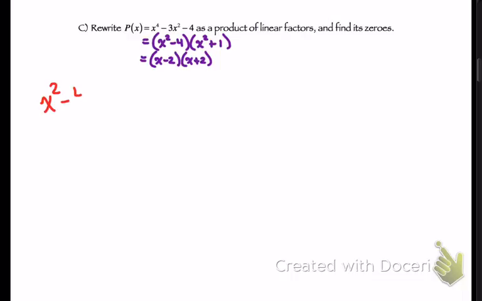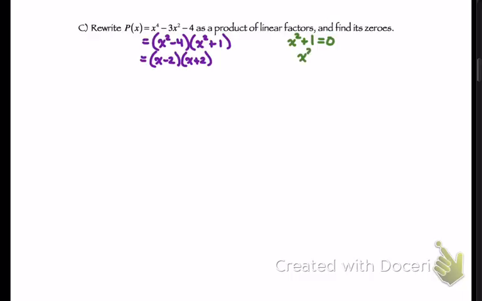What I did is I essentially took x squared minus 4 and set it equal to 0. So that gives me x squared equals 4, and then x is plus or minus 2, which led me to those factors there. So if I think about that, maybe what I'm going to do is take that x squared plus 1 and take it to the side and see if I can do anything from there.